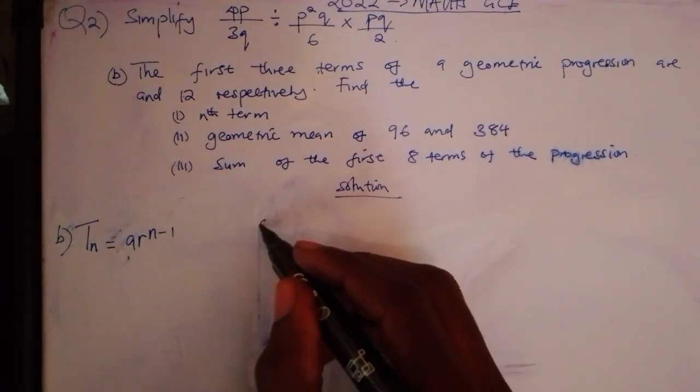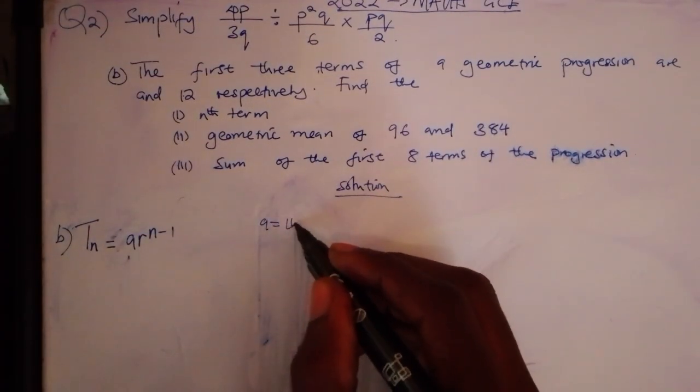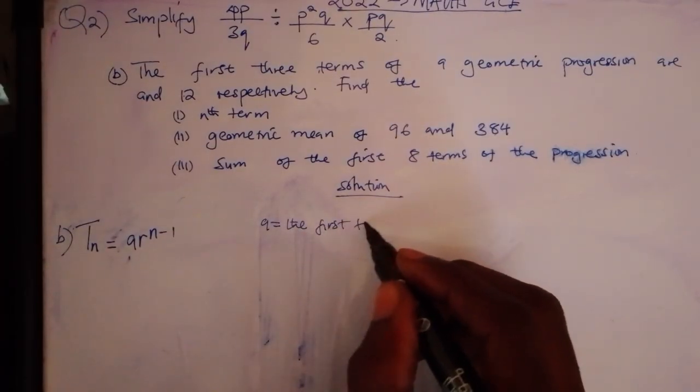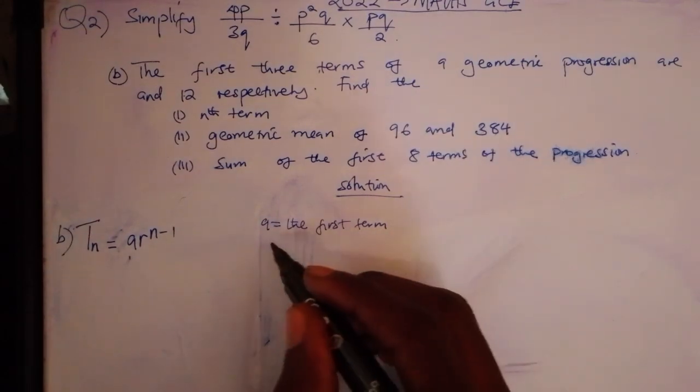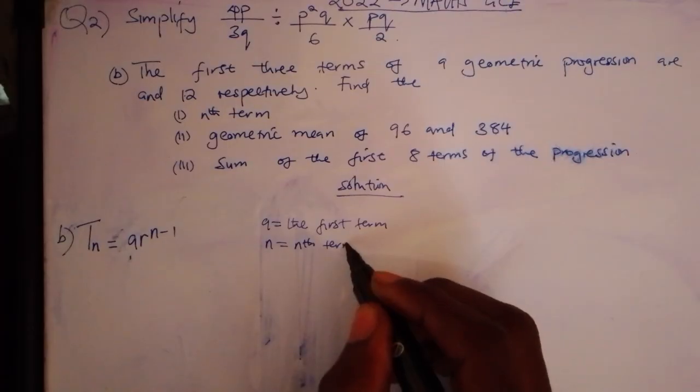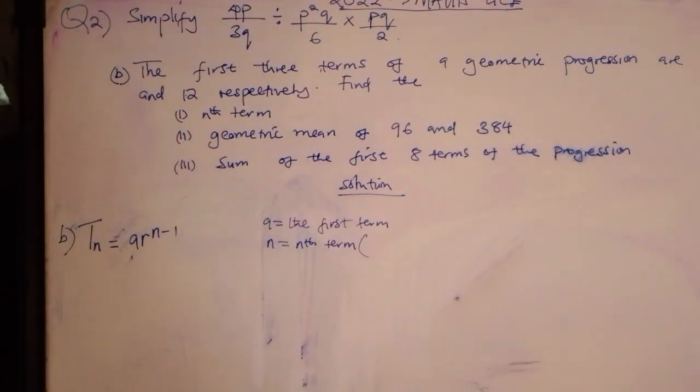So, a in the formula means the first term. Then, n means the nth term. So, what do we mean when we say nth term? They might say the first term, second term, third term, fourth term, fifth term.